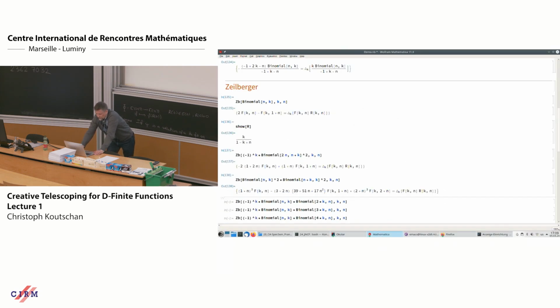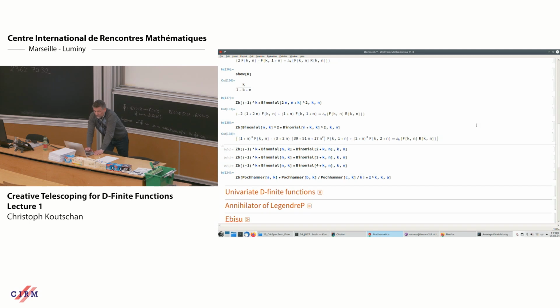Next example is the Apéry-like sum with these two binomials squared. Here we see an instance where the recurrence is not first order, so we don't have a nice closed form for this sum, but we can say it satisfies this second order recurrence.